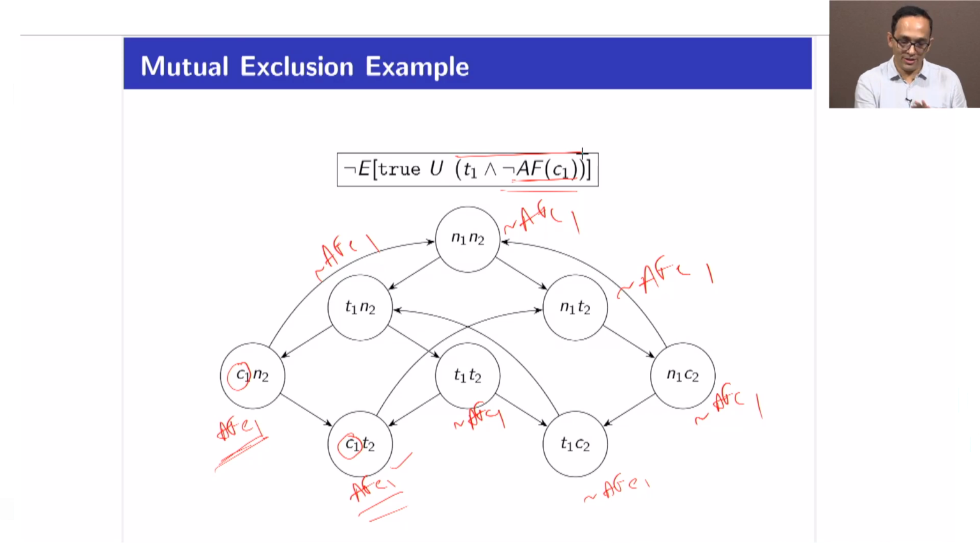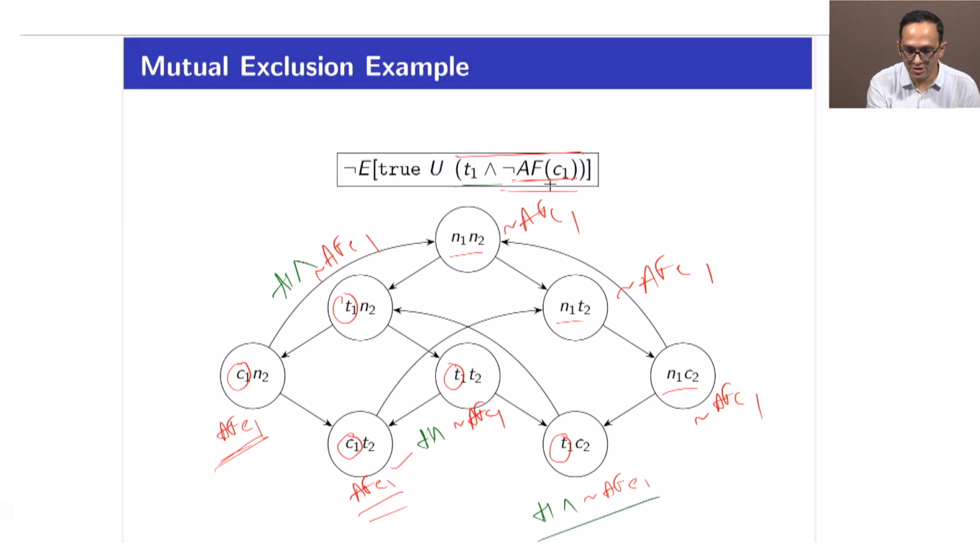So all the states where negation of AFC1 holds and T1 holds. There are 3 such states, right. T1 holds here, here and here, but these 3 states have no T1. So in these 3 states I will write that T1 and this hold. So this sub formula is already checked, right. I have identified 3 such states where this holds.